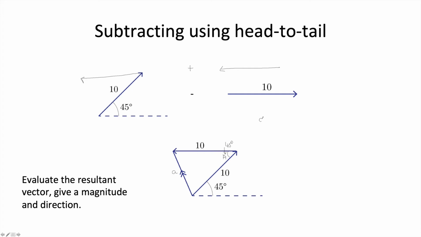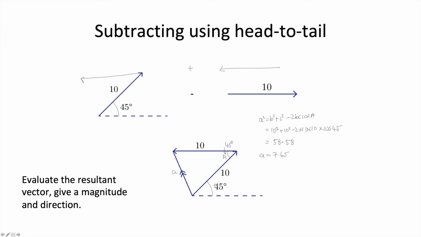And so we have A squared is equal to B squared plus C squared minus 2BC cos A. Substituting in 10 squared plus 10 squared minus 2 times 10 times 10 times cos 45. And solving this, we end up with A squared is equal to 58.58. And so this gives us A is equal to 7.65.